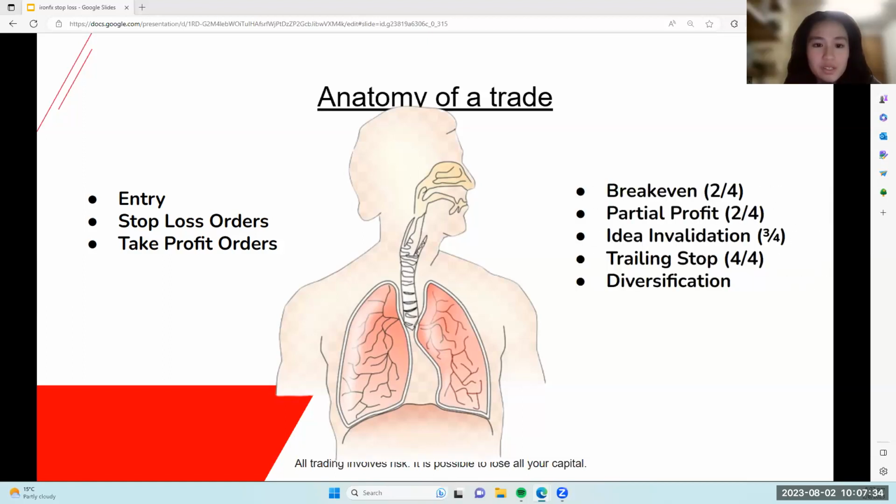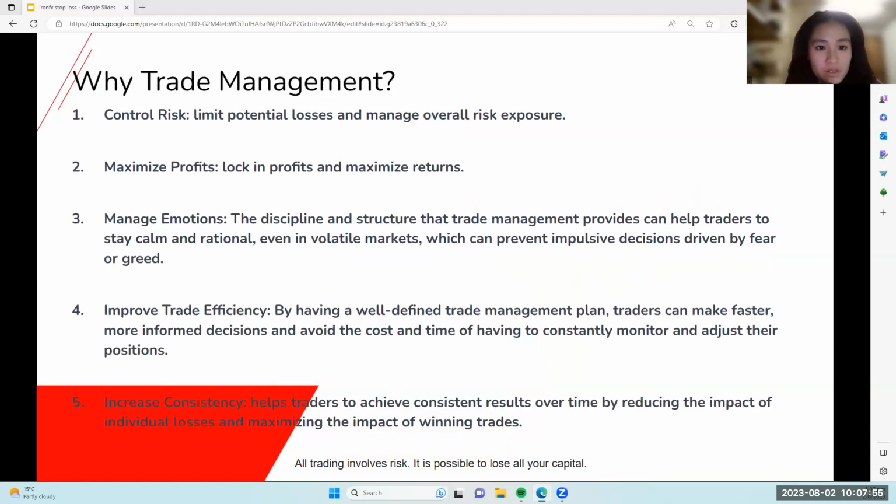This is part of a risk management series, which we won't go through in detail today. Maybe in future webinars, we'll go through these. But for today, we're going to focus purely on stop loss, and we'll touch a little bit on trailing stop loss as well.